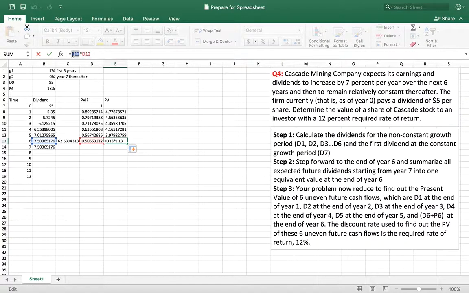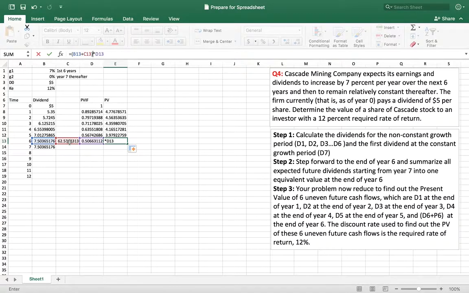It is done by respecifying the first term of the formula by opening parentheses, then the dividend at the end of year 6 given in cell B13 by clicking on cell B13, plus P6 given in cell C13 by clicking on cell C13, followed by the closing parenthesis.